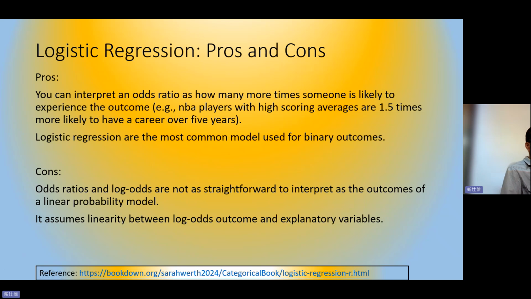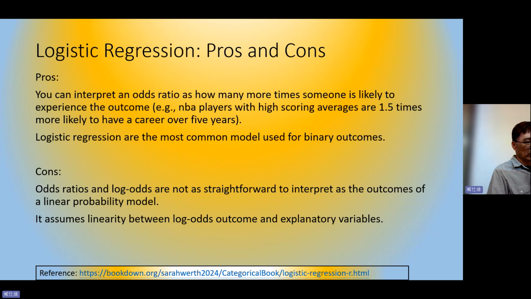But there are some disadvantages. It's not very easy to interpret the results. Odds ratios and log odds are not as straightforward to interpret as the outcomes of a linear probability model.